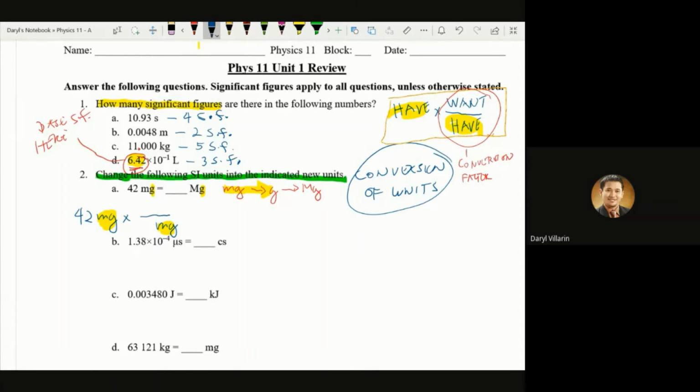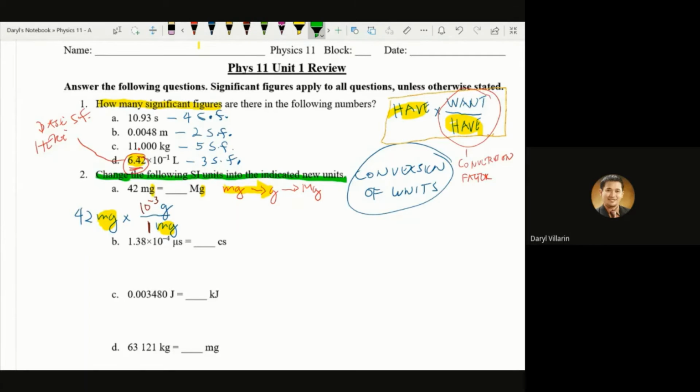So that means the top part of my conversion factor should be in gram because I want to convert it to gram. But now, for the corresponding value, you just have to look at your prefix table. Remember that this is just 1 milligram. So 1 milligram, well, milli means 10 to the power of -3. Okay?